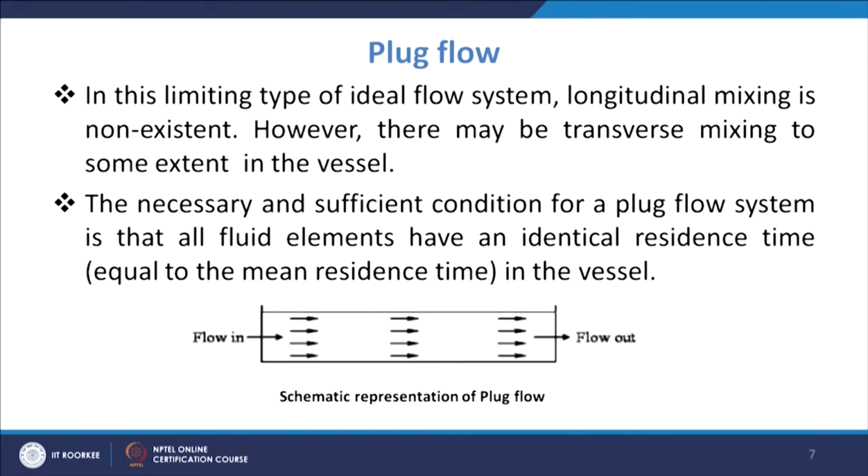There may be some amount of transverse mixing to a certain extent in the case of plug flow. The necessary and sufficient condition for the plug flow system is that all fluid elements have identical residence time in the vessel. Every fluid element will exit the vessel at a time which is the same as the mean residence time inside the vessel.